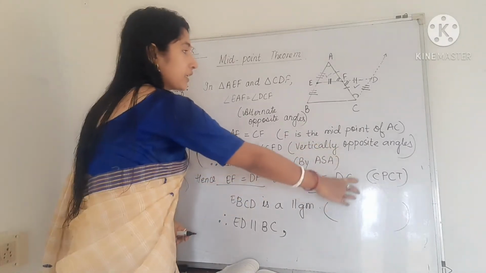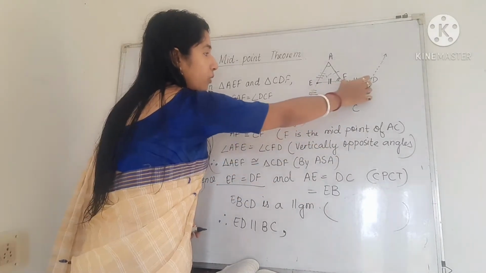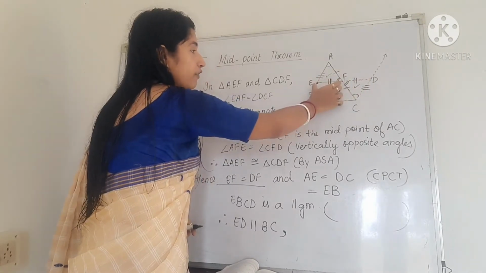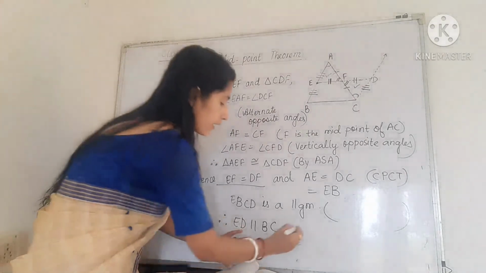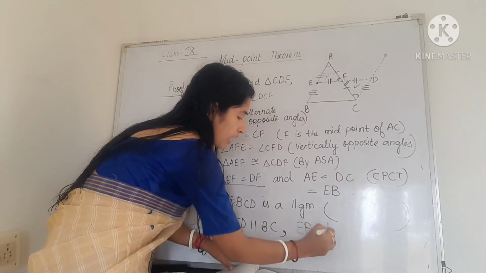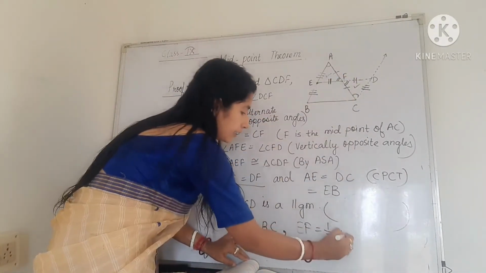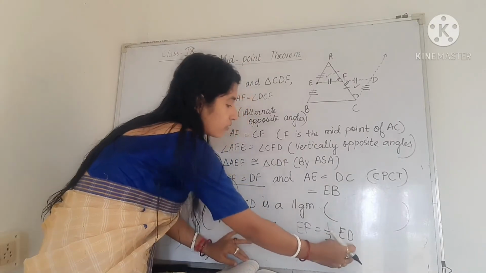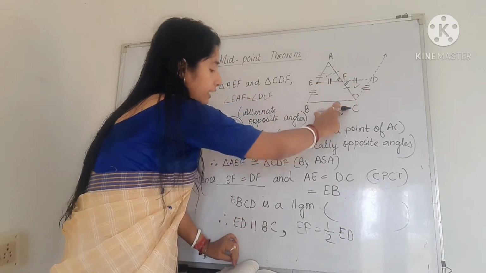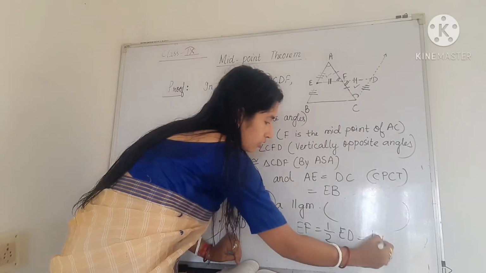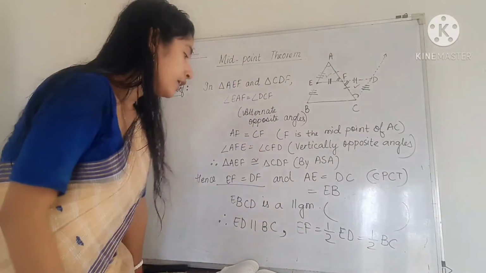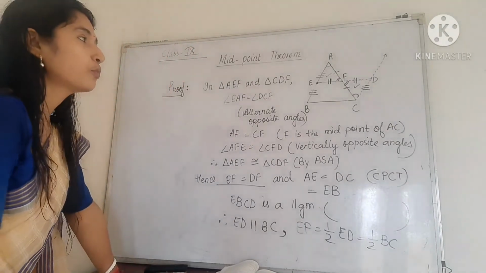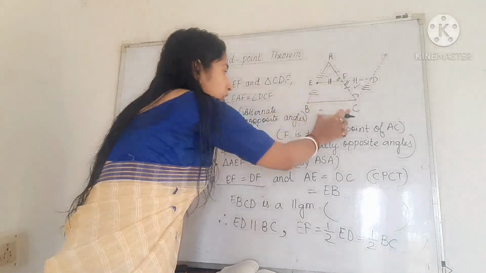From CPCT we came to know that EF is equal to FD. That means EF should be half of ED. So immediately I can write EF is equal to half of ED. And ED we can also write equal to BC. So here the proof ends. In the proof we have to prove that EF should be parallel to BC.